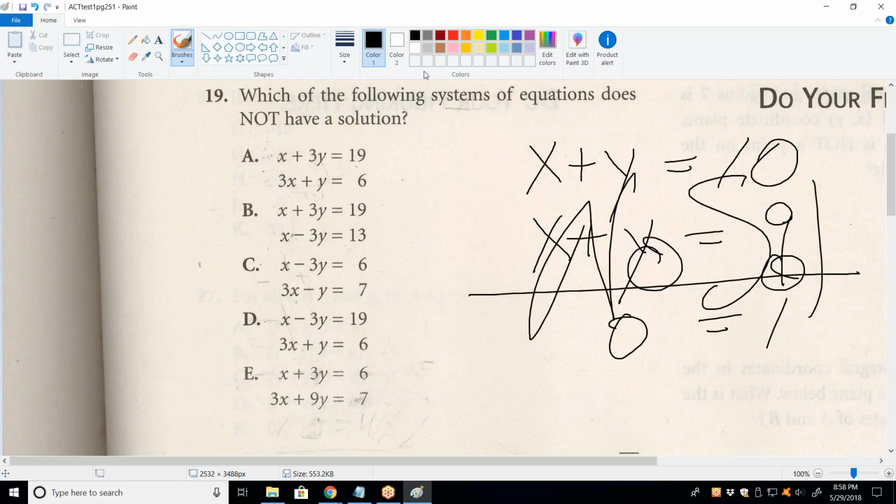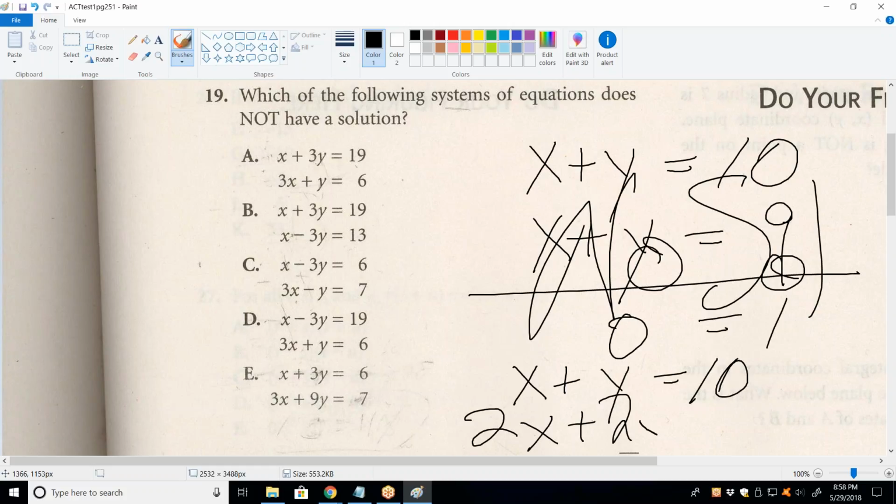Now, here, if I told you x plus y equals 10, and 2x plus 2y equals not 20, but say 21, that's the same problem. In other words, I've got two things that can't be reconciled.